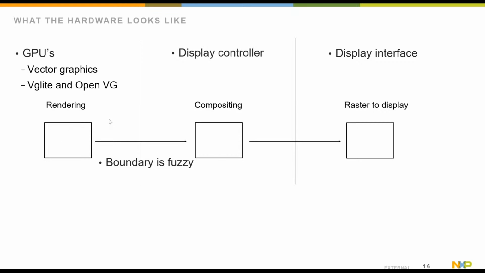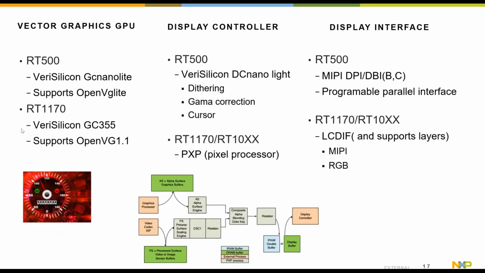Within our parts, we have something called FlexIO, which we can use to interface with any kind of parallel or even serial display, because we're seeing different LCD vendors have different interface requirements that aren't standard and don't follow a MIPI DBI. So we can apply FlexIO and have any kind of display interface we want. Again, the hardware is composed of GPUs, controllers, and then the display interface.